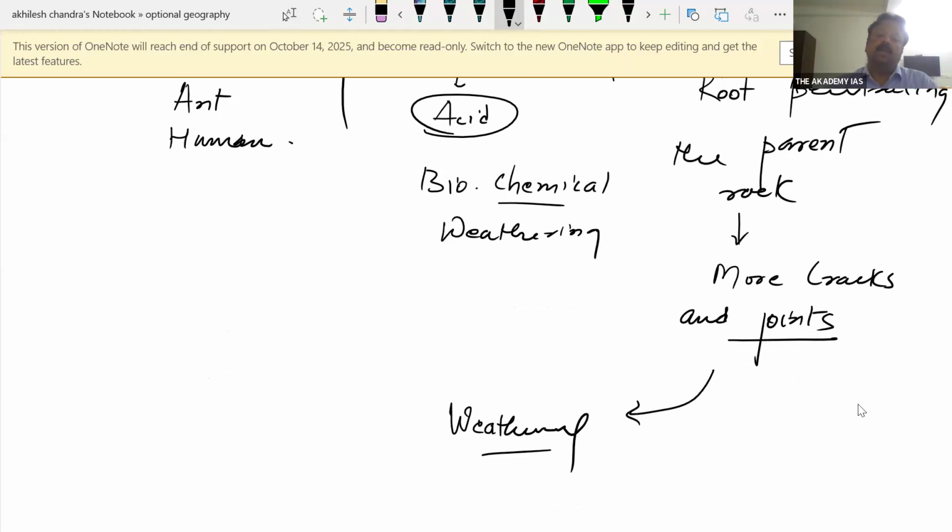So this is what biological weathering or biotic weathering or biochemical weathering. It includes fungal weathering, anthropogenic weathering, floral weathering, and faunal weathering. So all these types of biochemical weathering can be there.